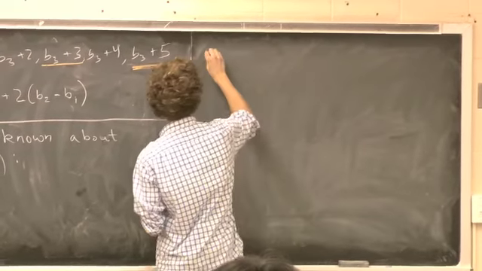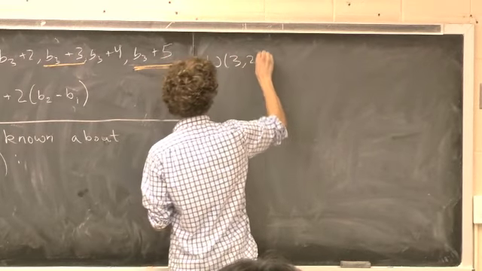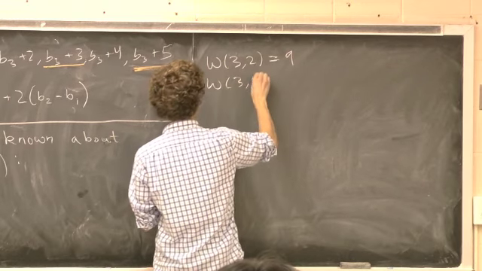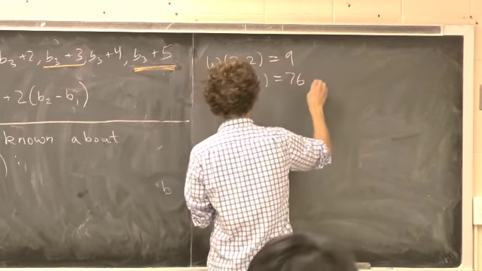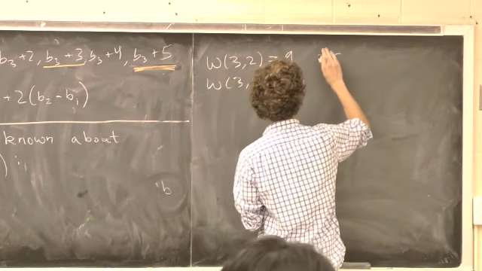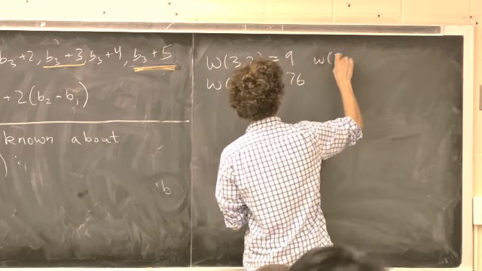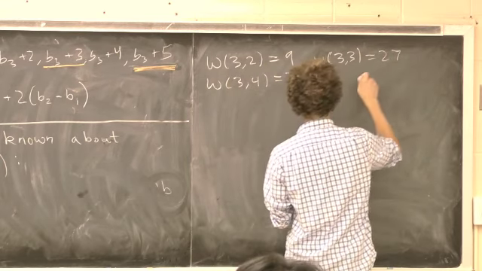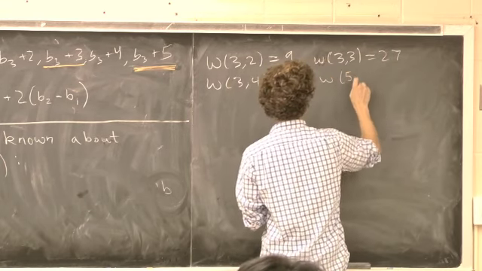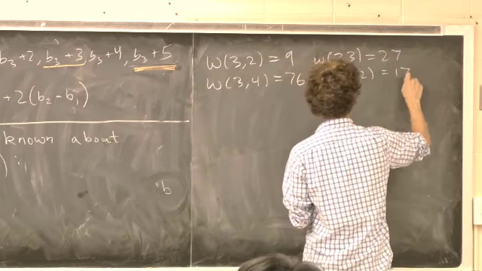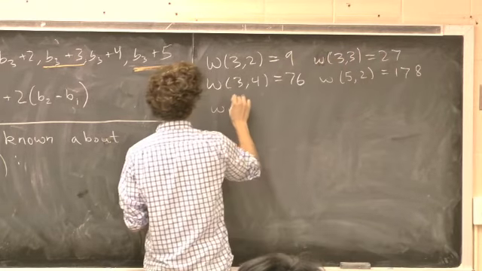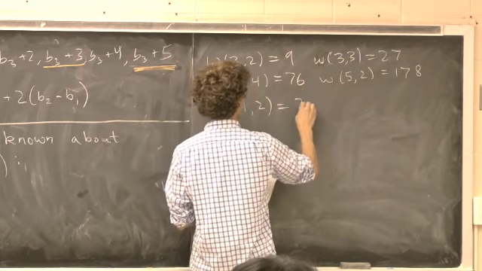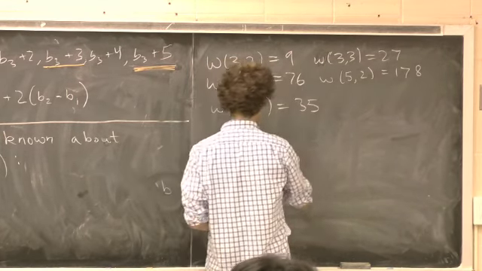Okay. All right, so we know that W(3,2) is 9, W(3,4) is 76, W(3,3) is 27, W(5,2) is 178, W(4,2), I guess this is in no particular order, is 35.